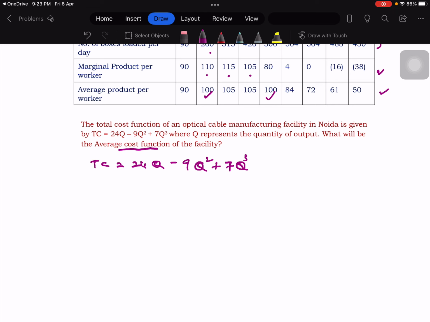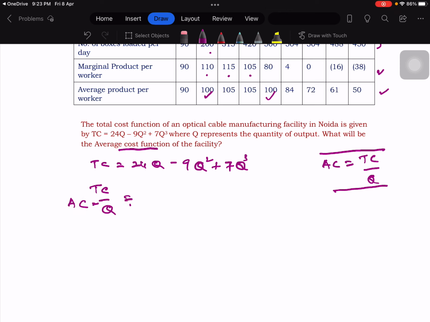Average cost will always be total cost by the number of units produced, or here quantity. Q represents quantity in such functions. So average cost is equal to total cost by quantity.